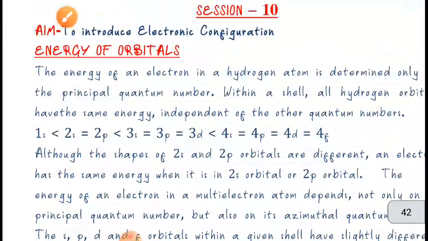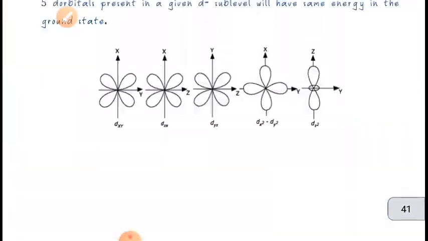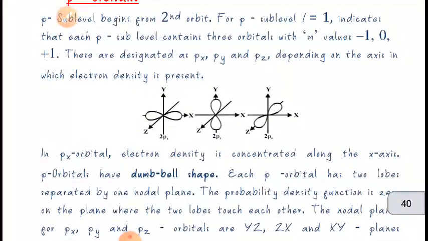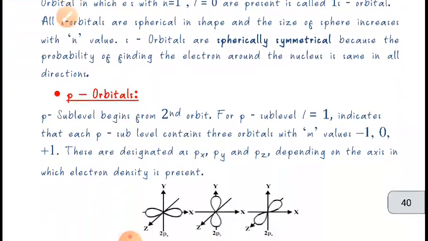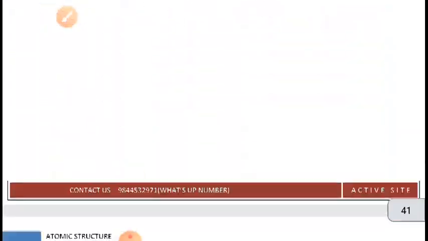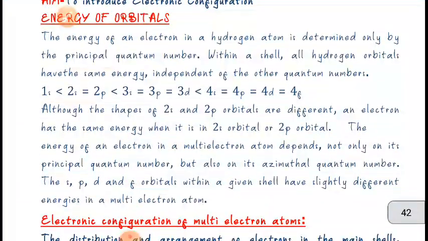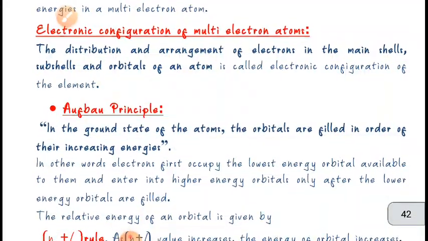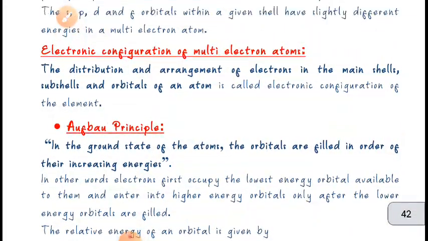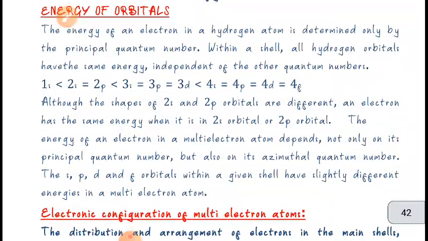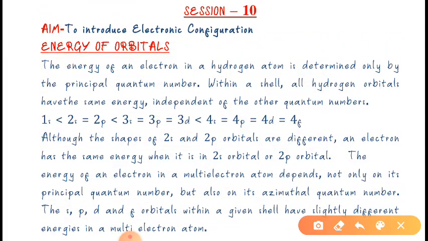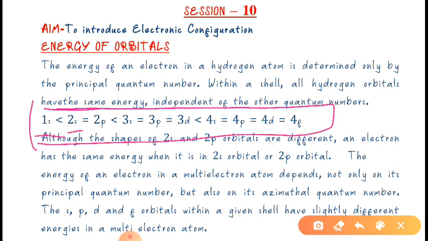Okay, so I hope you have understood about the shape and size of the s, p and d orbitals. Okay, so now we will see the electronic configuration of a multi-electron system. When we talk about the single electron system, at that time the energy order will be like this, as you can see here. 1s will be greater than 2s, but 2s and 2p will be similar.